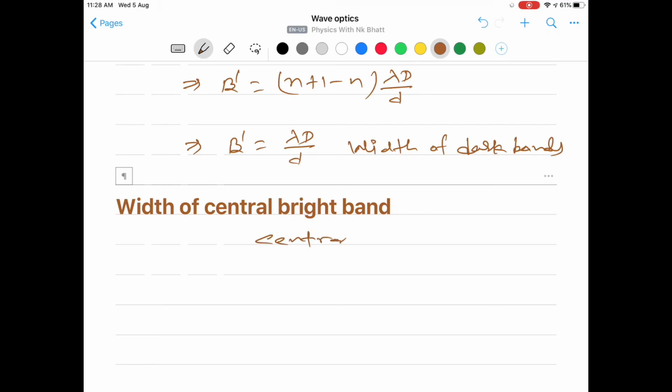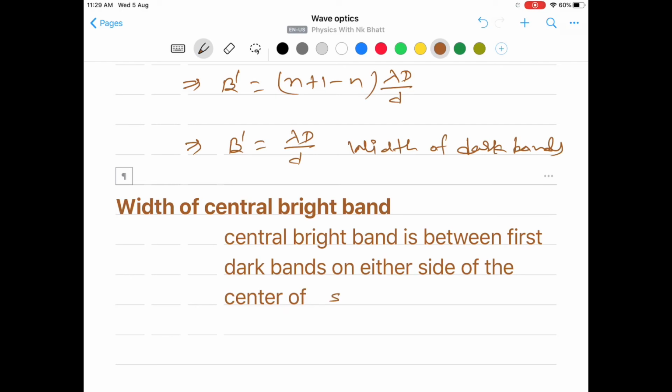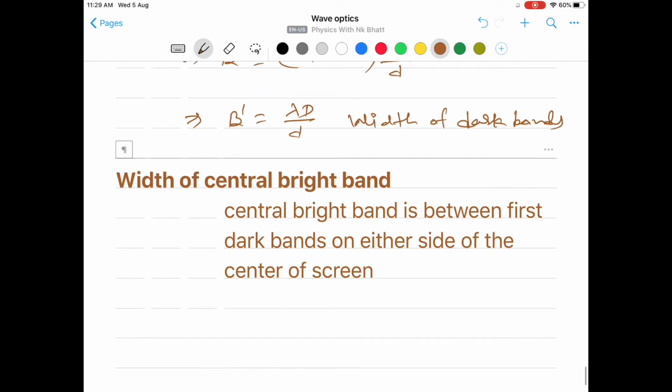This central bright band is between the first dark band on either side of the center of the screen.